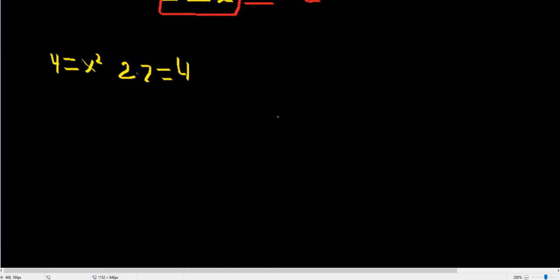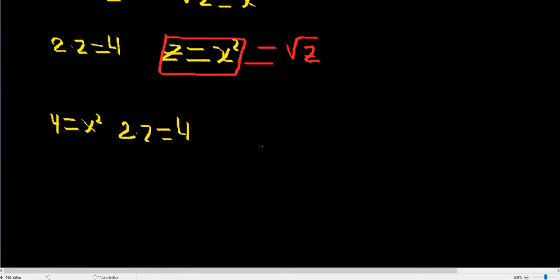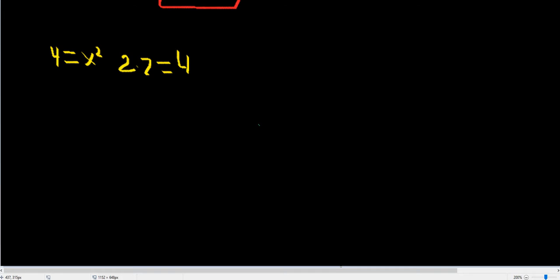And now that we know that much, we can actually start on our own question. So let's do the square root of 64. The square root of 64 would be equal to x. x to the second equals 64.